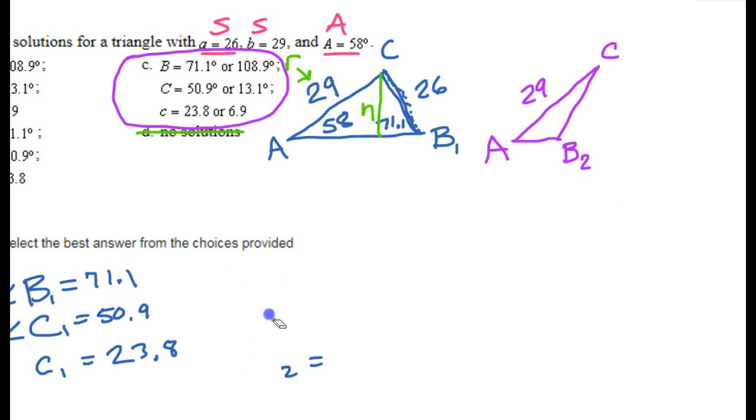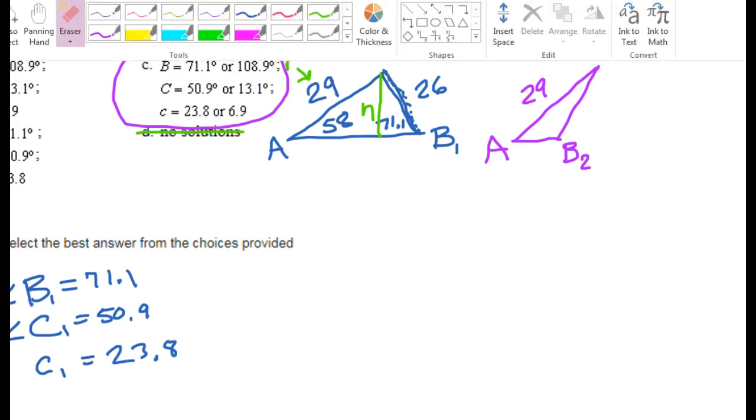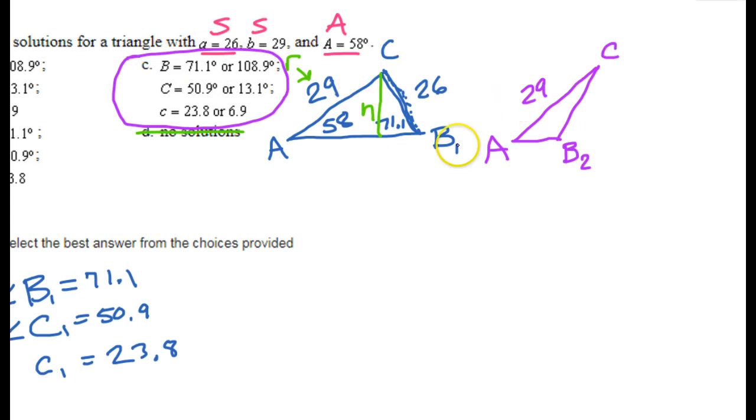Maybe I'll change the colors to match the triangles. By the way, we already know that this is 58. That doesn't change. So we need to find angle B2 and angle C2 and side C2. All right, let's start with angle B2.